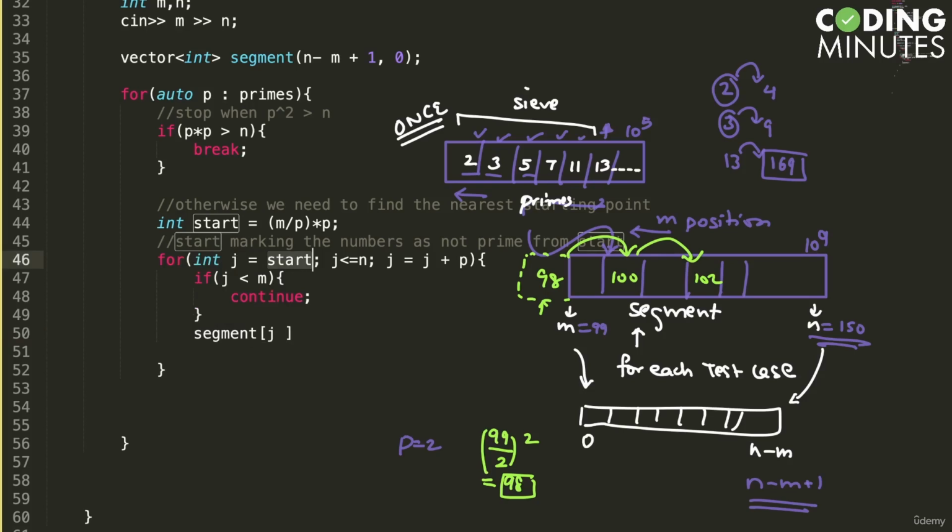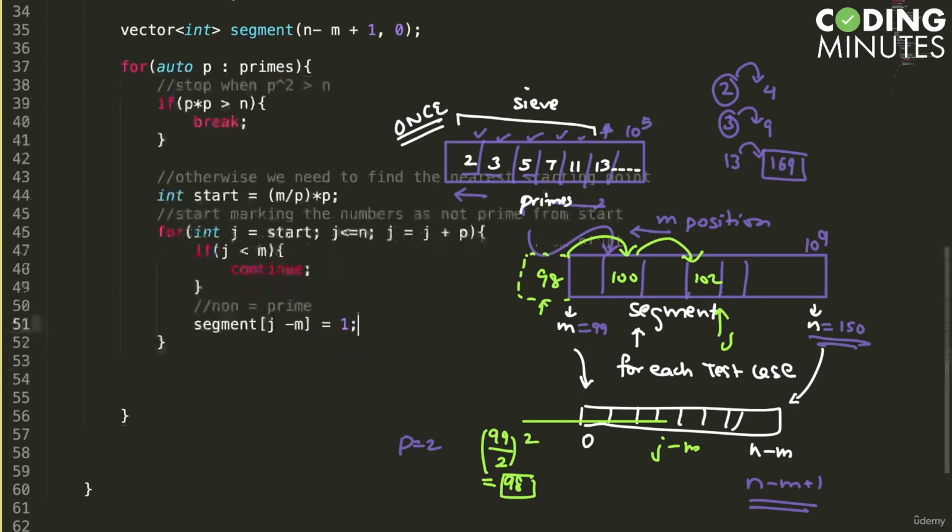If the value is j in this segment, in the actual array it is j minus m. So I can say segment of j minus m should be equal to 1. So we marked it as not prime. Now there is one special case that we have not seen yet.